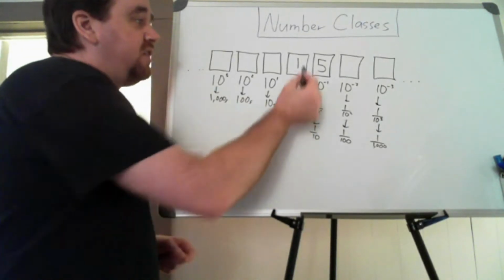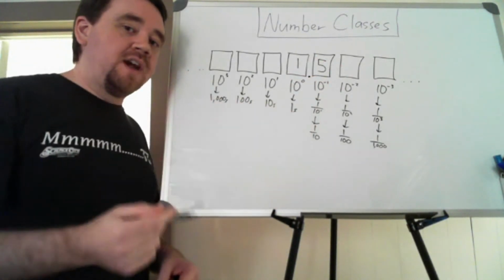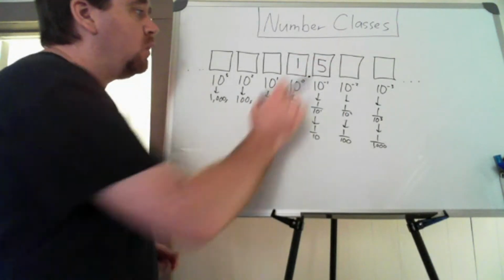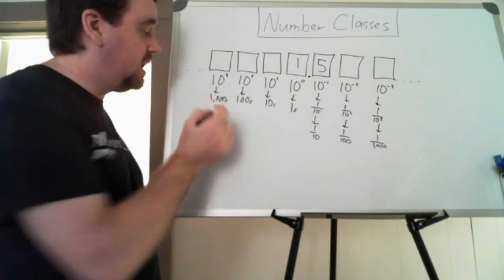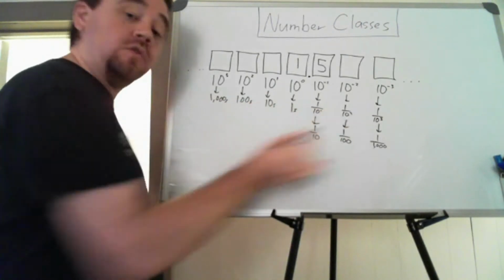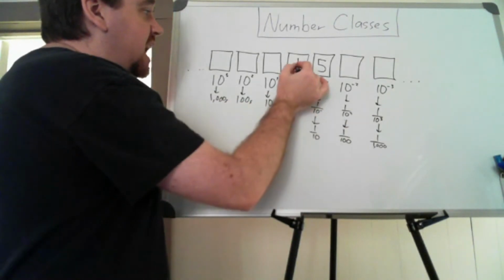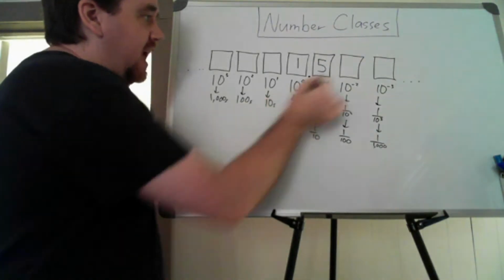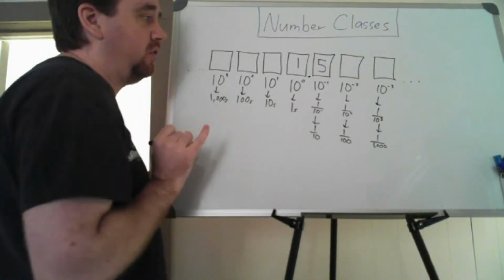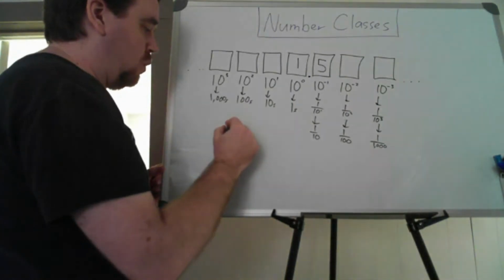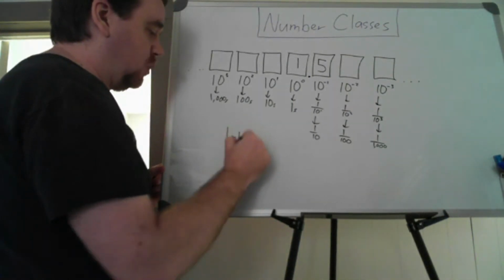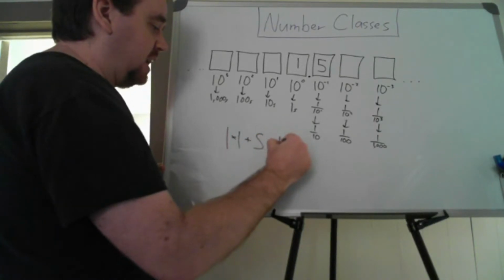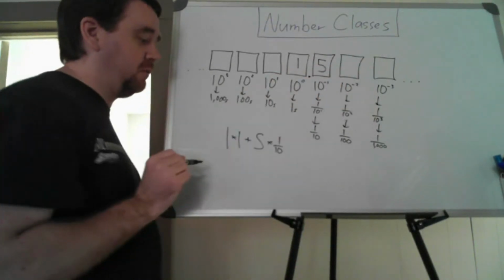So why did this work? Why did 3 divided by 2, or 3 halves, give me 1.5? Well, these boxes tell me how many of these place values we have. So this is saying I have 1, 1, and 5/10. So I have 1 times 1 plus 5 times 1/10. That's what that tells me.